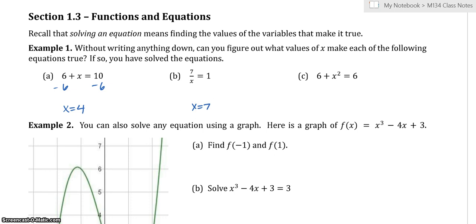If you want to know how to do this algebraically, you could multiply both sides by x. So you would have 7 equals x. The x's would cancel. The 7 would be on the other side. Let's just rewrite that. 7 on this side equals x. And that would be your answer.